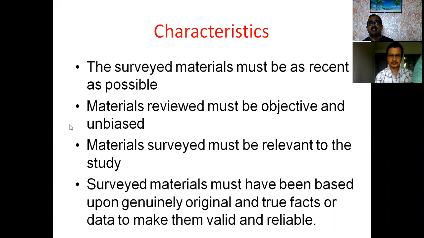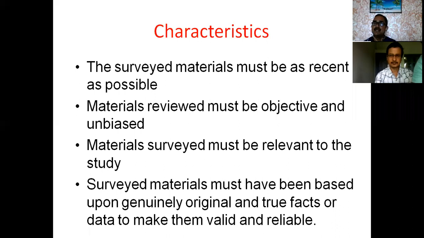So materials surveyed must be relevant to the study. Your material which you are going to survey, please note down the basic structure of your topic of research. Then you see how many parts are there in your topic.